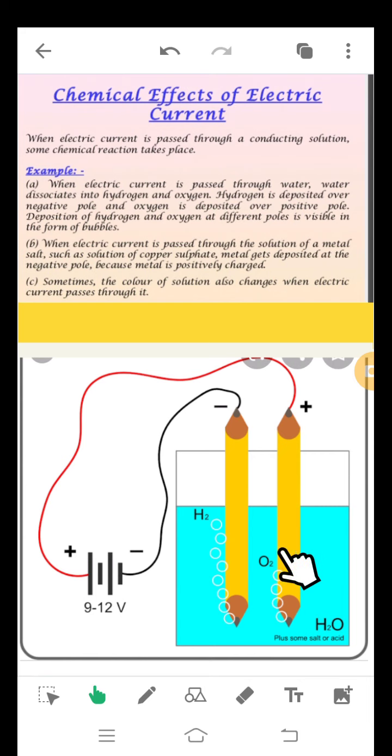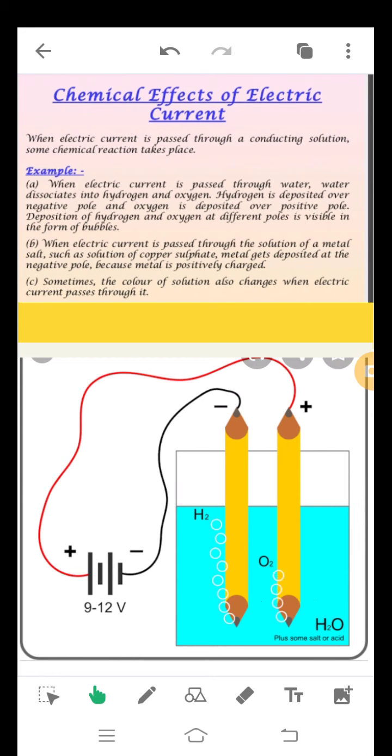This deposition of hydrogen and oxygen at different electrodes is visible in the form of bubbles. We can see some bubbles collecting near the electrodes, which are actually hydrogen and oxygen gas.